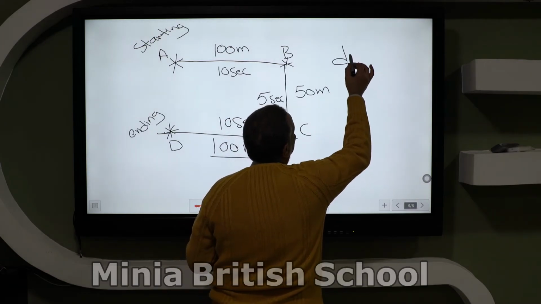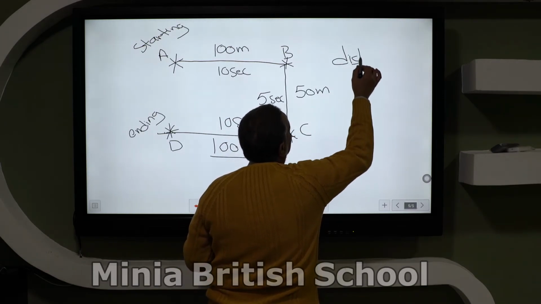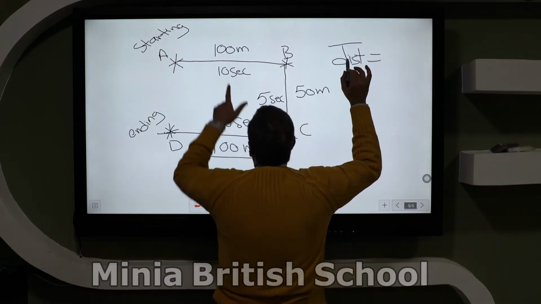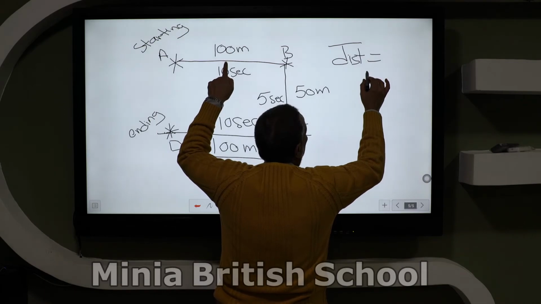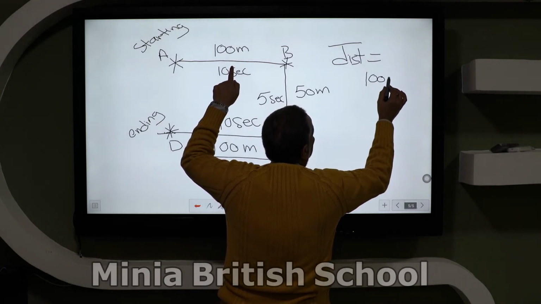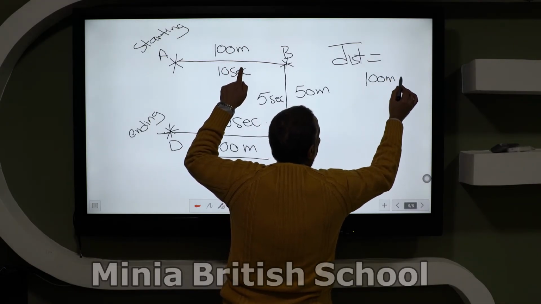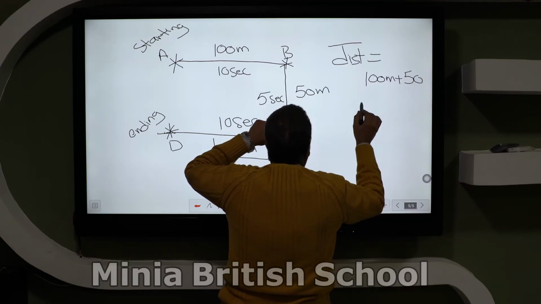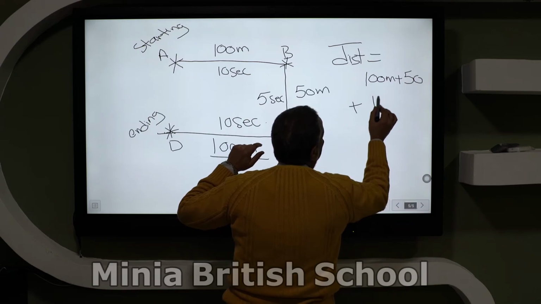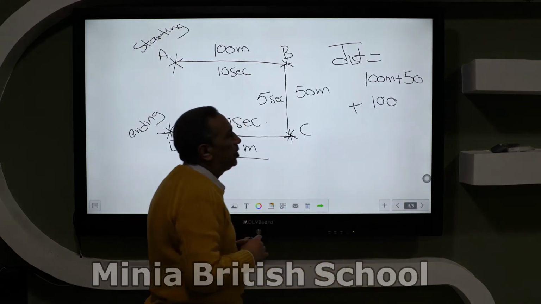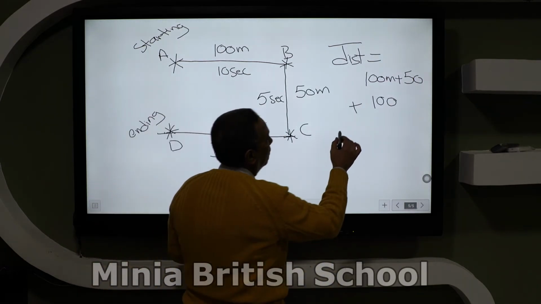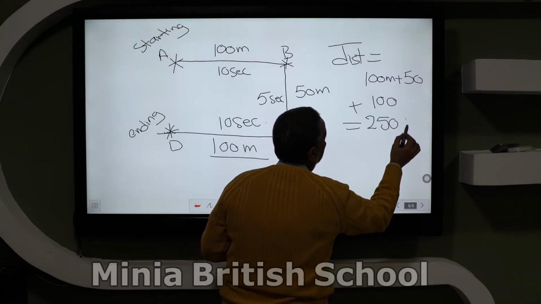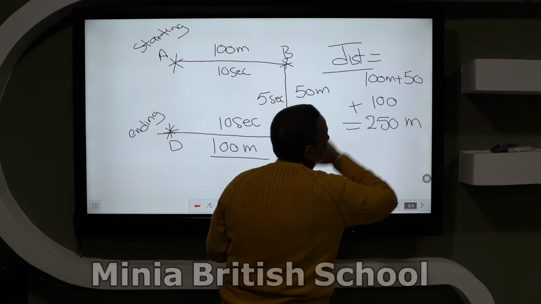So the distance, without direction, equals the first part, 100 meters, plus the second part, 50, plus the third part, 100. That means this body covered 250 meters, and this is the distance.